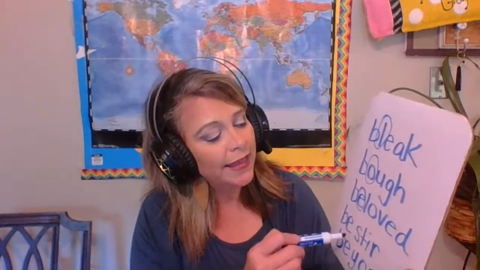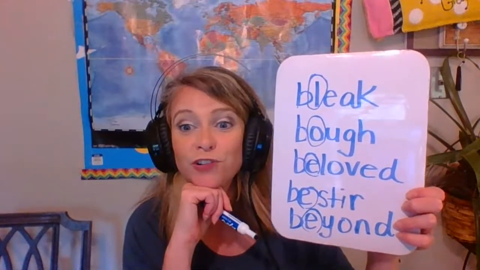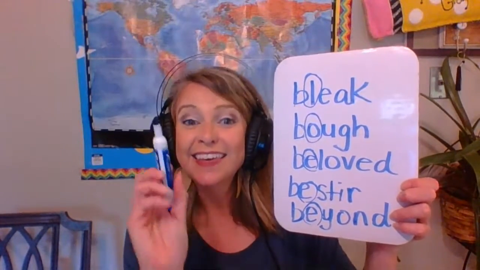So they all start with B. Let's go to the second letter: L, O, E, E, E. Which of those letters comes first? Good, E, okay? So now we need to go to the third letter.